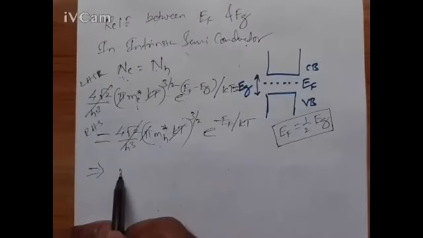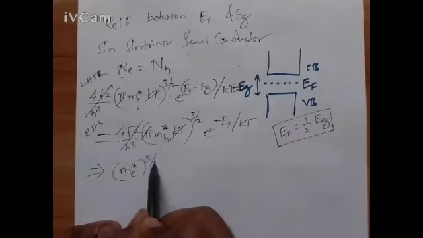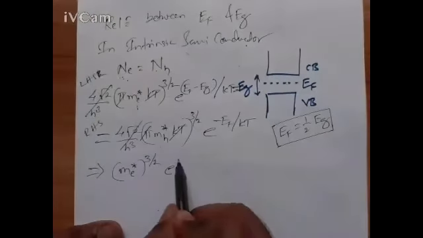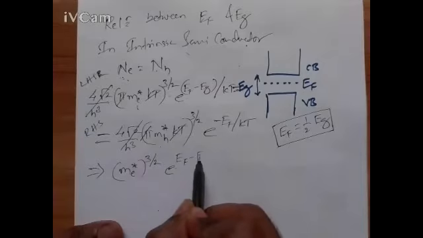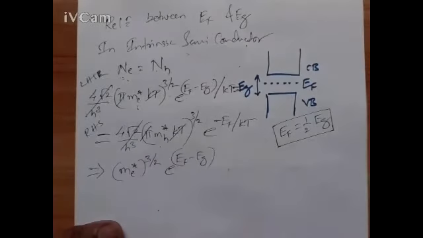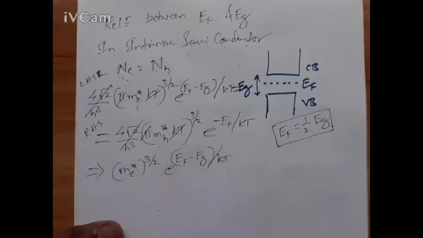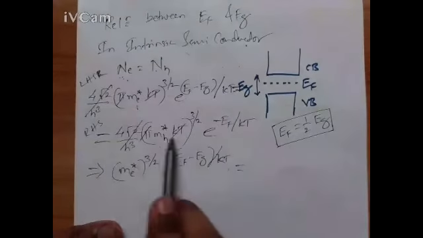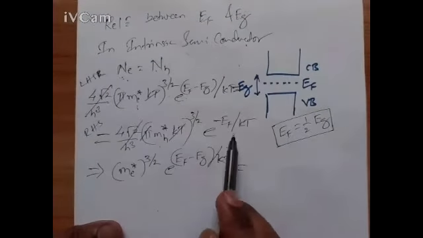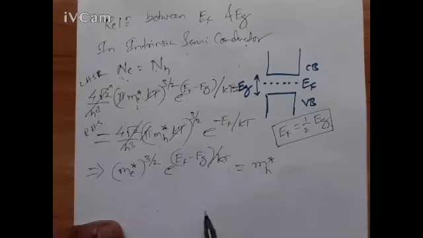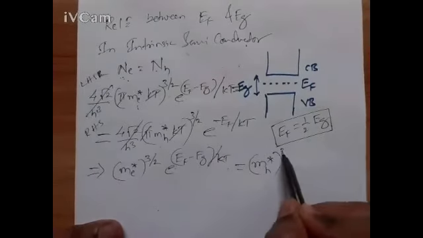In the LHS, me star to the power 3 divided by 2 will remain, then the term e to the power (E_F minus Eg) divided by kT remains. In the RHS term, mh star will remain to the power 3 divided by 2.